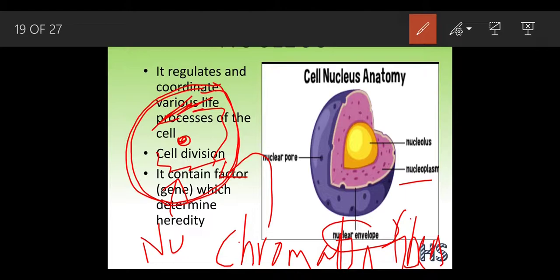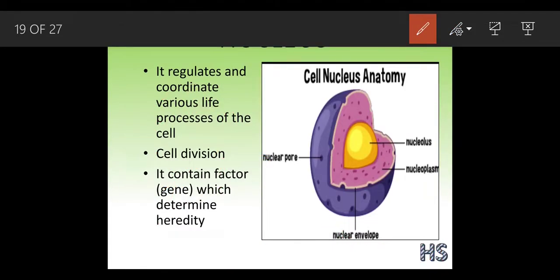When they become thick and ribbon-like, they form this X kind of shape, which is called chromosomes. These chromosomes have some specific sets on them, called gene factors.